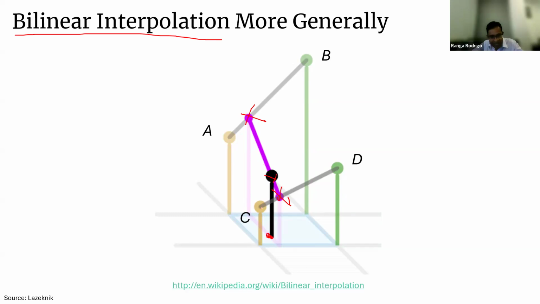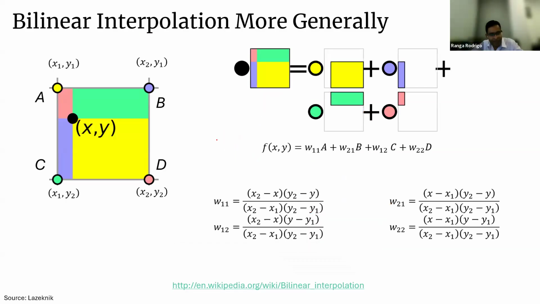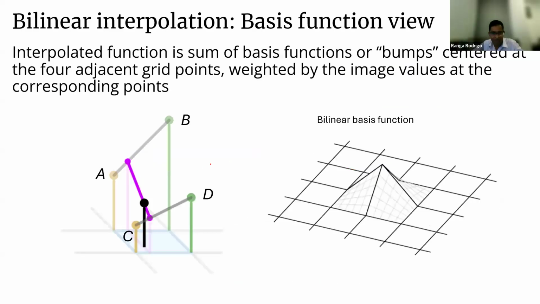So bilinear means it's sort of drawing a line between the pixels, considering pixels as heights. You can read about it more. The formulas are there for how to get this done, but we don't need the formulas. When you think about it, you can get that working. So this is called bilinear interpolation.